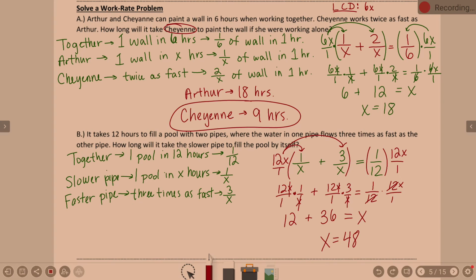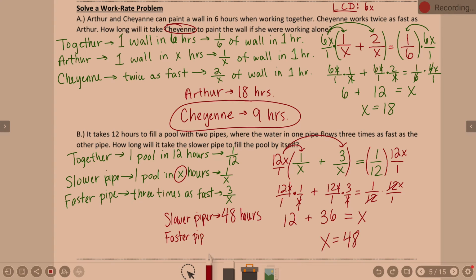What is that 48? Okay, that's your slow pipe, yes? 1 pool in x hours. So the slower pipe is going to take 48 hours. Because I want to ask, how long is the faster pipe going to take?